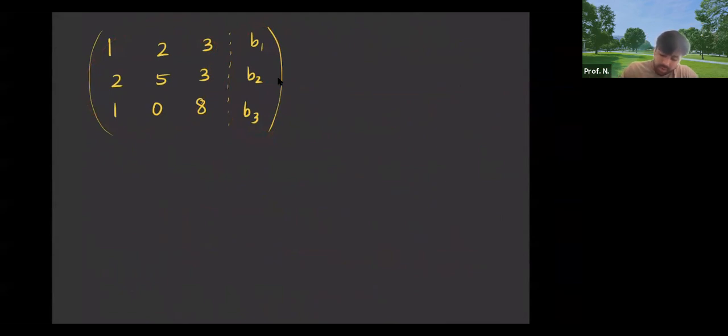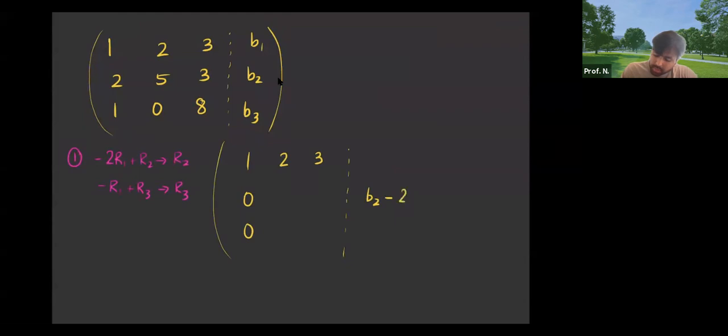In order to row reduce this, I get -2 row 1 plus row 2 goes into row 2, and negative row 1 plus row 3 goes into row 3. The left side is not the important part so much as the right side. So what happens here? I get B2 minus 2B1.